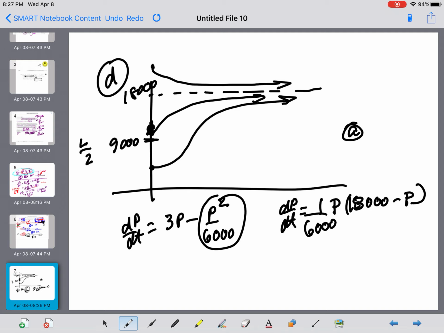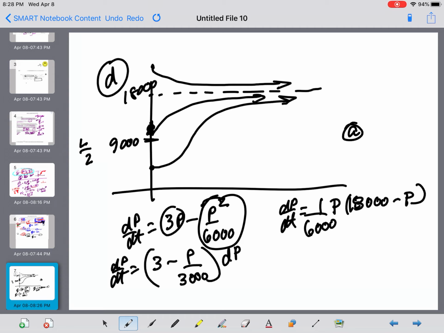And I'm going to take the second derivative. So I have d2p dt2 equals 3 minus, when you bring your 2 down, you get 2p over 6,000, or p over 3,000. But after each one of these derivatives, you should stop and say dp dt. I'm sorry, this is the second derivative.